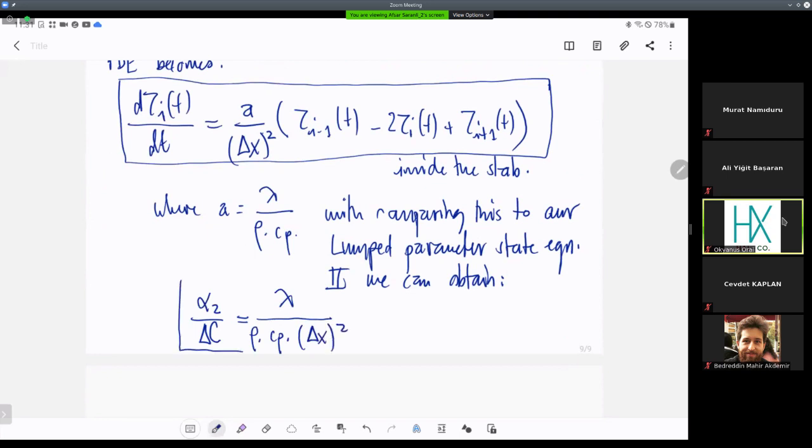So that is a relationship between the two parameters that we have.